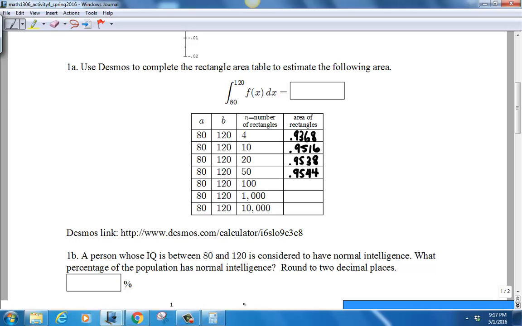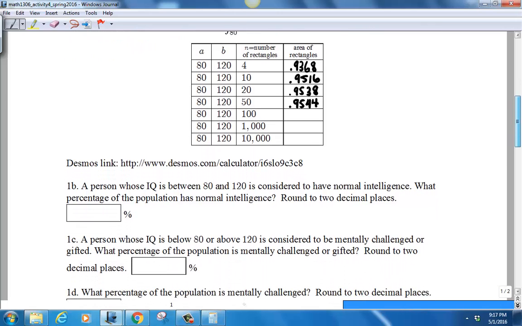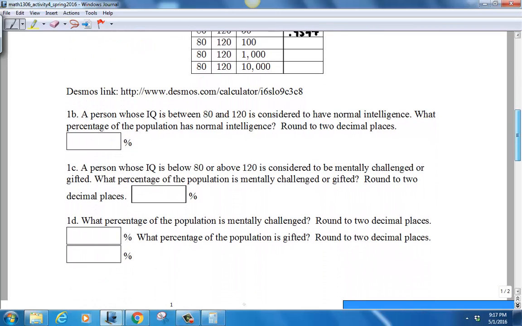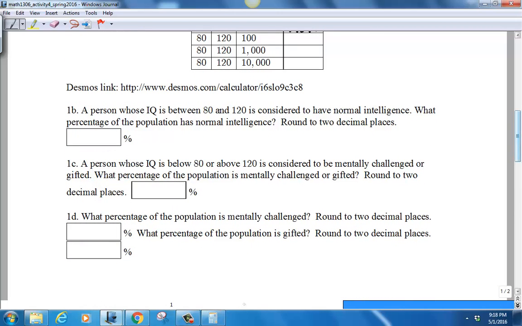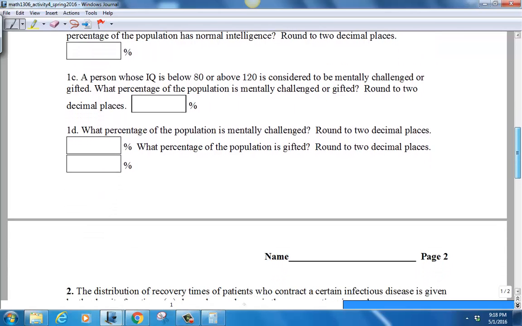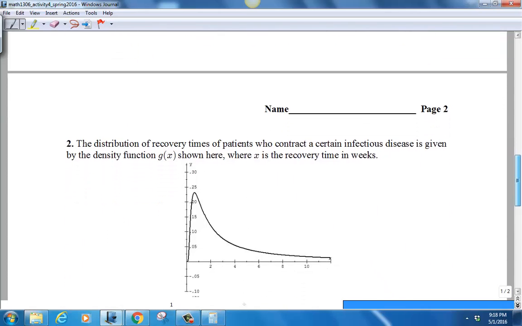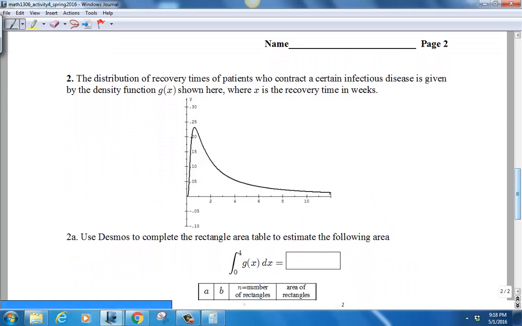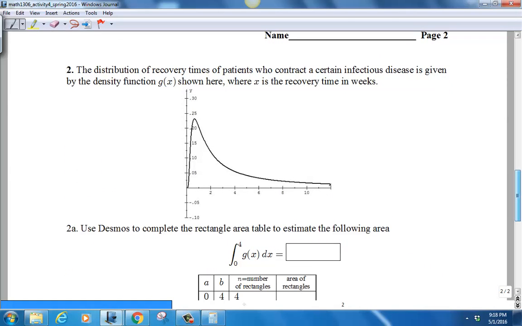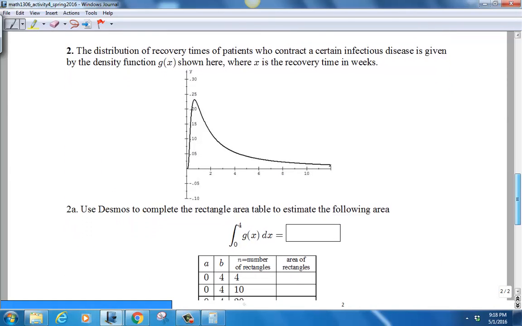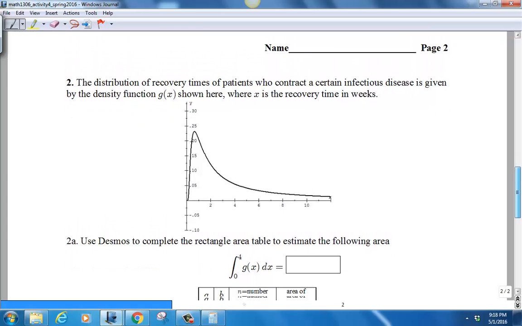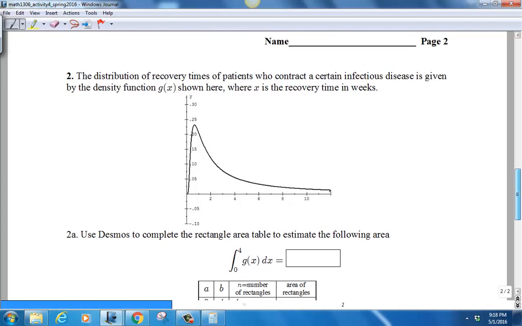There are some other questions that we're asking here about this IQ bell curve, so I'll let you try to answer those questions. And then also on this sheet we have another density function that we want you to answer questions about. You go about answering these questions very similarly to problem number 1.